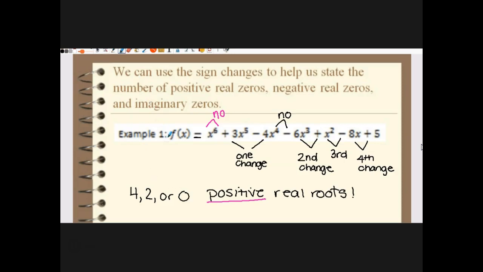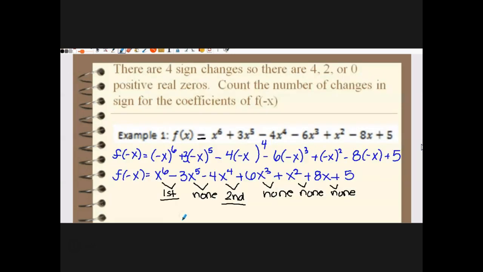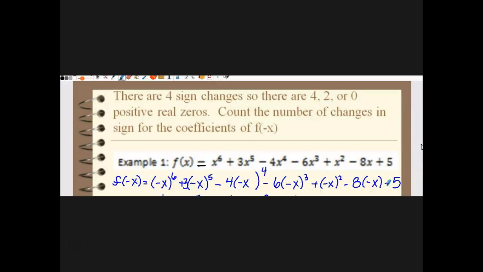What we're going to do now is plug negative x into this equation so we can look for the negative sign changes. So if you plug negative x in, what you're going to do is put a negative x in for all your x's.